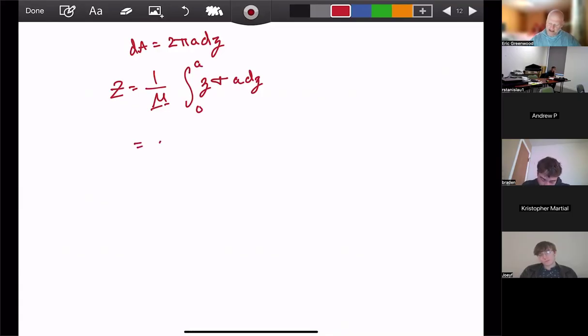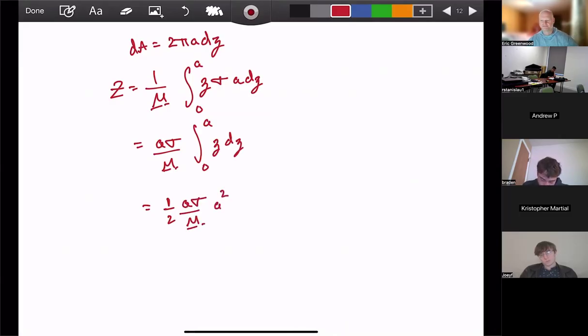I'm going to get sigma a over m times the integral of z dz from 0 to a. You guys already told me the integral of z dz is 1/2 z squared. So I'm going to get 1/2 a sigma over m z squared, which becomes a squared. So it's going to be the same thing as sigma a cubed over 2m.